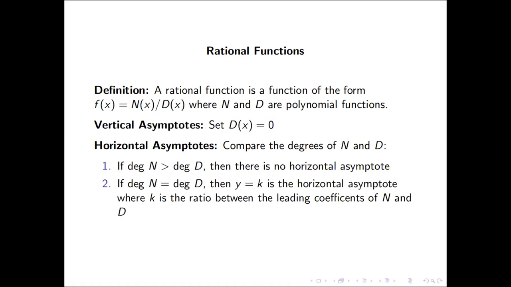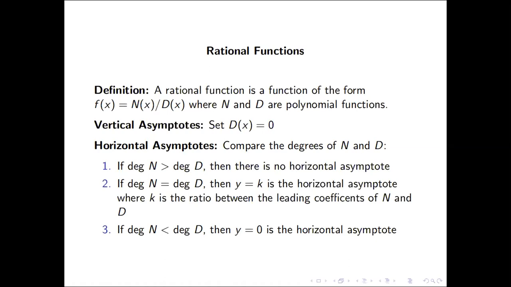For case 2, the degrees of the numerator and denominator are equal. If that is so, all you have to do is divide the leading coefficients of the numerator and denominator. And that ratio would be the horizontal asymptote. Don't worry, this will be illustrated in an example.